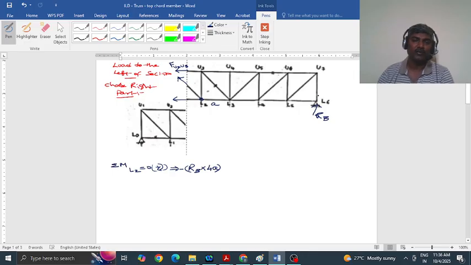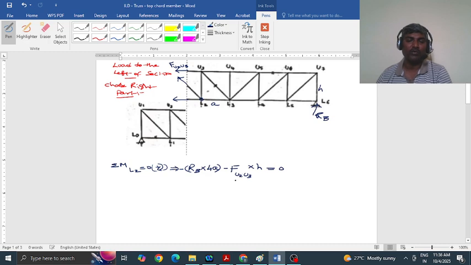The same thing here: as the height of the truss is taken as h, this force is multiplied by the perpendicular distance h. So write F U2 U3 into h. That is also anti-clockwise, so minus, equal to 0.